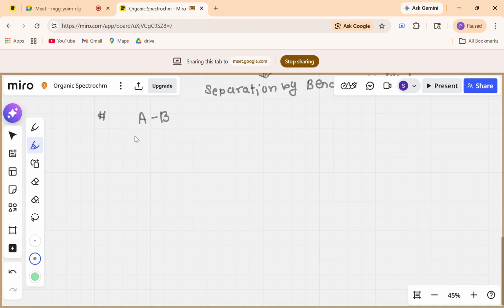So for example, we are considering the molecule as AB. What is basically happening when we are characterizing, what's the process behind it, is there will be a change in dipole happening, right? So your dipole moment is not zero.